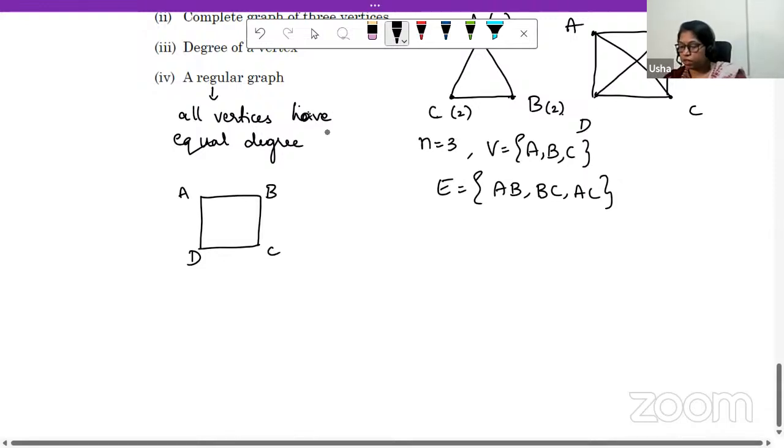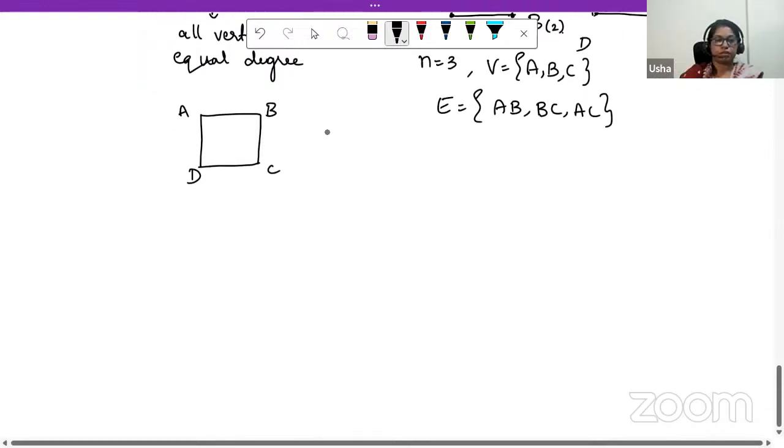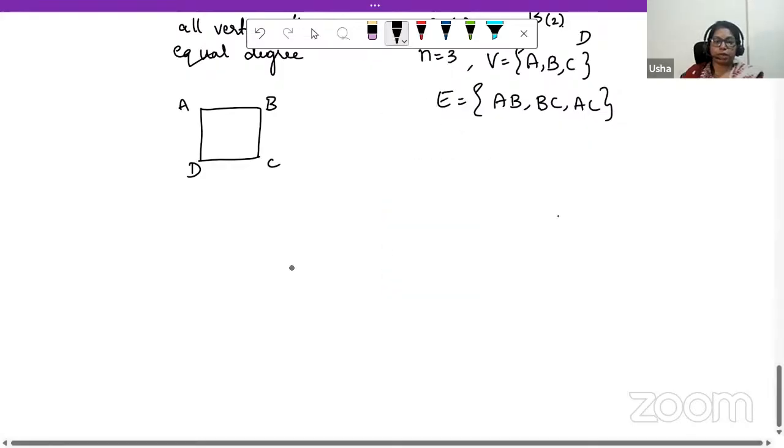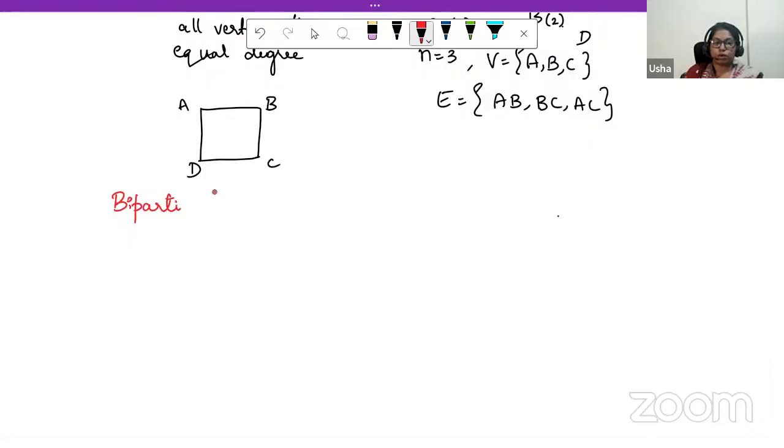Then what have you given? How to find bipartite graph. See, there is no finding bipartite graph, but I'll tell you what is an example of a bipartite graph. Maybe they might ask you an example. If a graph is given and they ask you to find whether it is a bipartite graph, then you have to divide the vertex set into two sets of vertices such that they are disjoint sets.